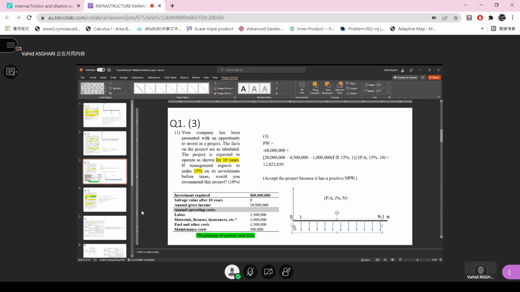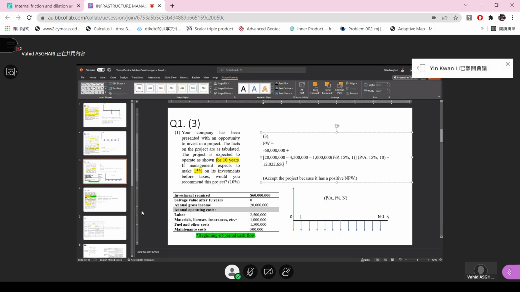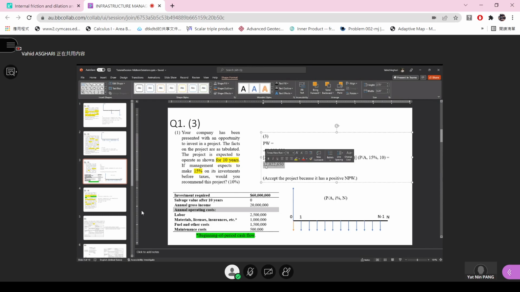If you separate the first one and you did your calculation right, you should see an equal result here, like 12 million something, and then it is correct. Okay, I get it. Thank you.